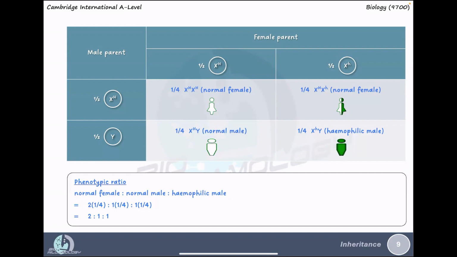A hemophilic male will pass this recessive allele on the X chromosome to the daughter, but not to the son, because to the son, he will pass the Y chromosome. So the son will only get the recessive allele on the X chromosome from the female parent.